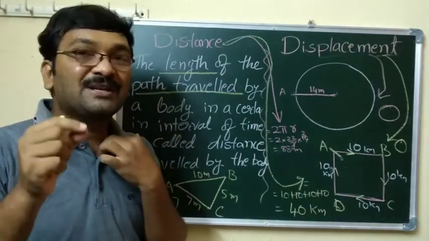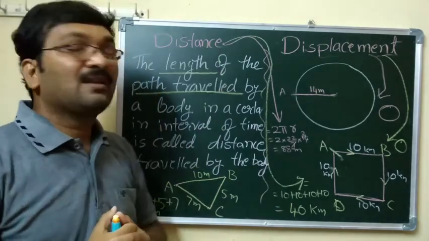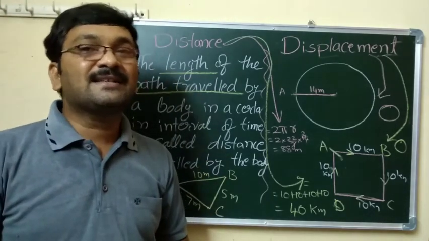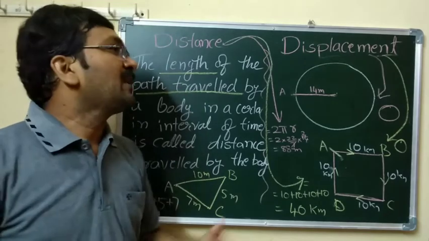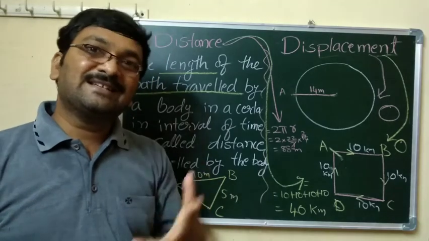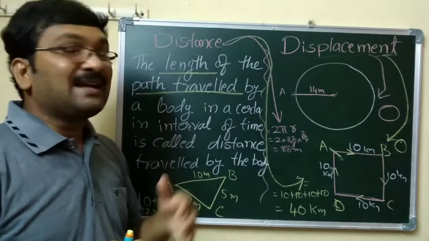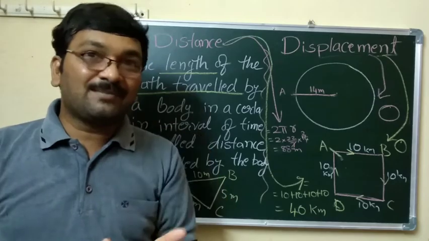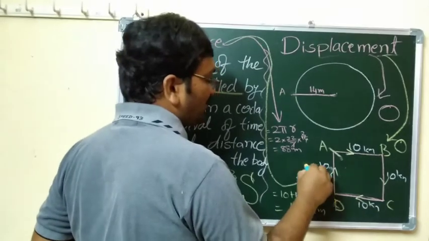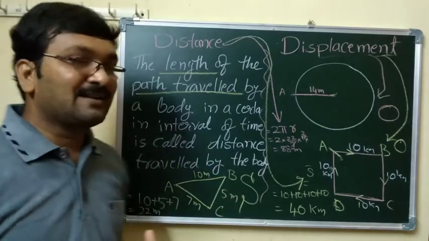How we write it, small letters and capital letters, everybody must remember. The SI unit of distance is the meter, and the CGS unit is the centimeter, with a small c. For displacement also, the SI unit is the meter and the CGS unit is the centimeter. There is no difference. Distance is represented by a capital S, and displacement by a small s.